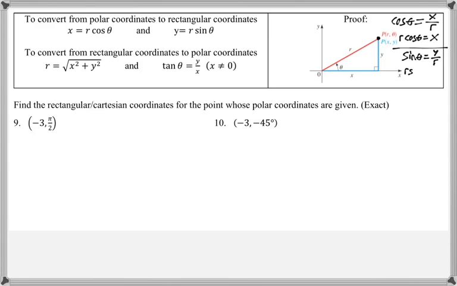And then r sine of theta is equal to y. The tangent of theta is equal to the opposite over the adjacent, so it's equal to y over x. And then r is equal to the square root of x squared plus y squared. That really is just using the Pythagorean theorem on that picture.